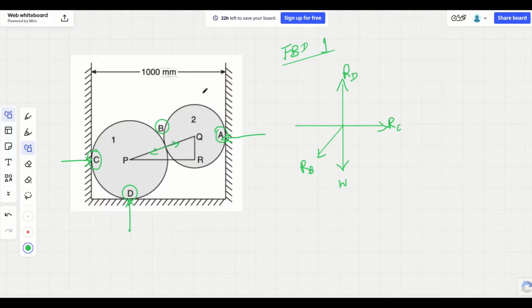Now we'll draw for sphere 2. This is the FBD for sphere 2. The weight of the sphere is acting downward. Next, I will draw the quadrants. The reaction RA is acting in this direction.